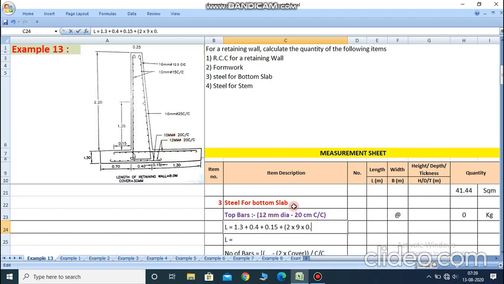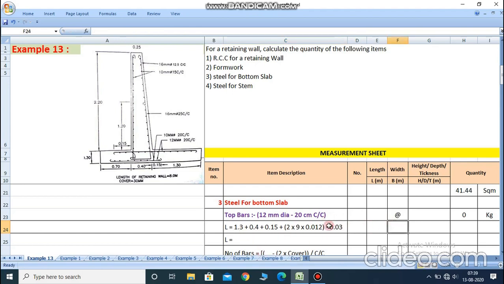So 12 mm converted to meter is 0.012. Minus the side cover: here this side cover is provided, but here no cover is required. So only a single cover is provided, and the cover thickness is 30 mm, so minus 0.03.